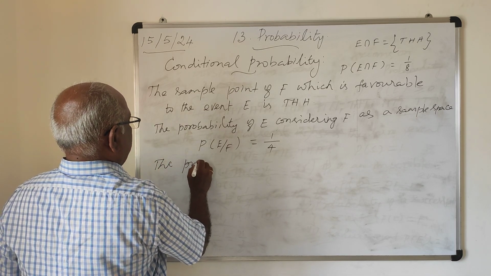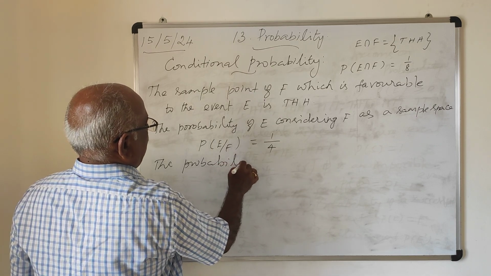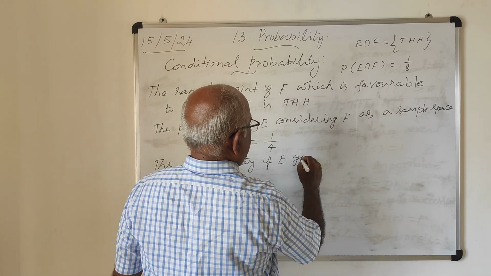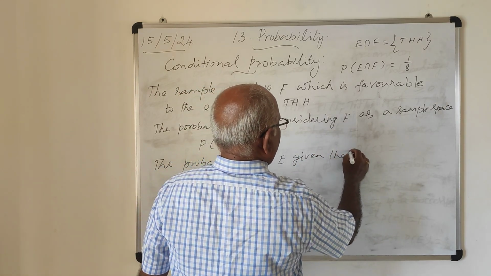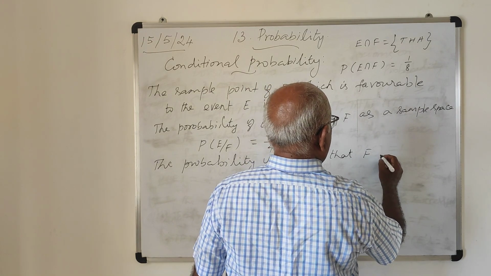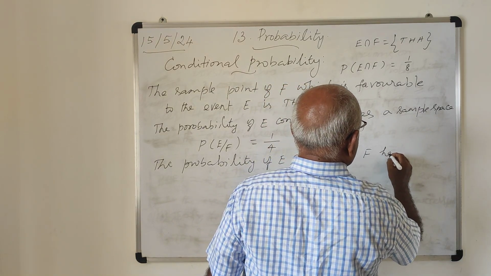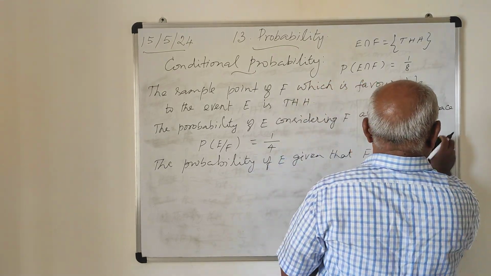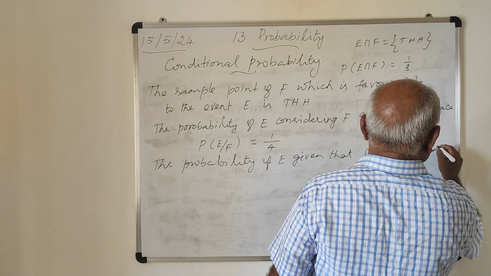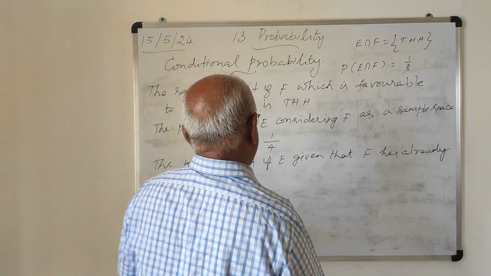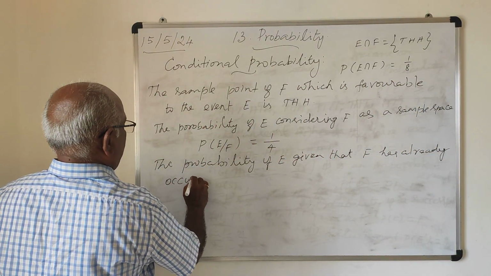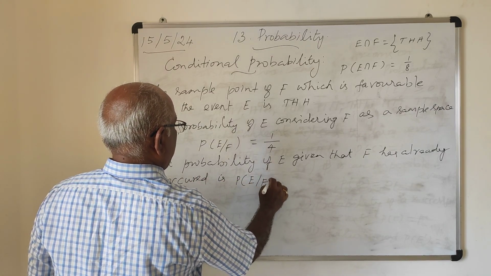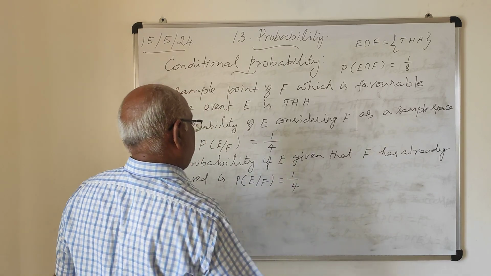The probability of E, given that F has already occurred, is P of E bar F, which is equal to 1 by 4.